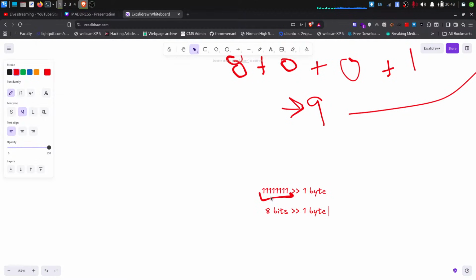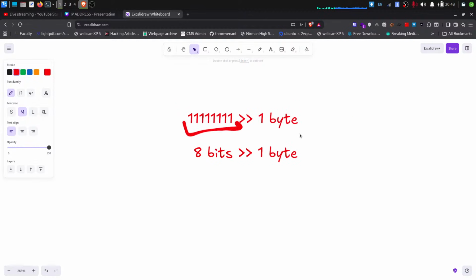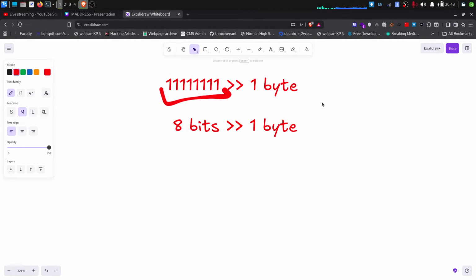Most of you already know this thing. Now, we know that 8 bits is equal to 1 octet, right? We are already done with this. Or we can say 1 byte is equal to 1 octet, right? Correct.